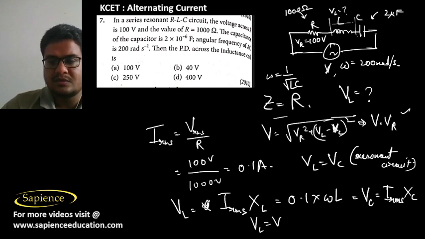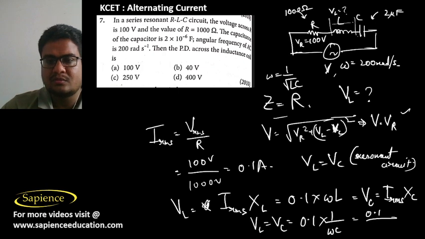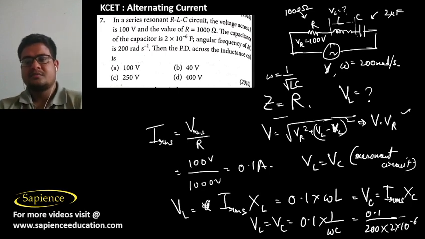Therefore, VL equal to VC is equal to IRMS into XC. So IRMS is 0.1 ampere into XC, which is 1 by omega C. So it is 0.1 by omega, that is 200, into 2 microfarads into 10 power minus 6. This much volt.